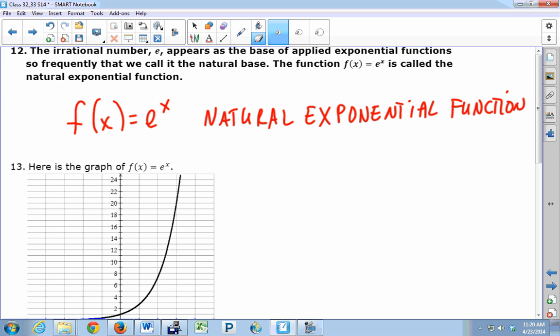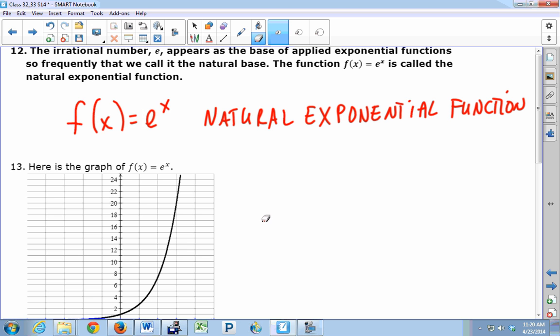It could be population growth, it could be growth of animals in the wild if we reintroduce, say, the gray wolf back in Yellowstone. e is used as a base in lots of situations. If you ever remember the bell curve, grading on a bell curve, that function has e as a base. It doesn't have this form, it's actually much more complicated, but e is one of the bases in part of that formula.